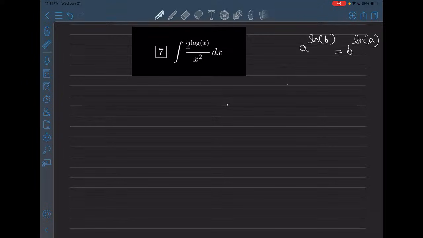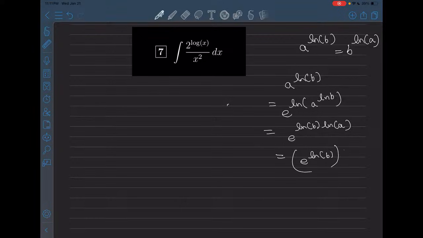Yeah, the reason is a to the power ln b is actually e to the power ln of a to the power ln b, right? So this becomes e to the power ln b times ln a. And if I write this as e to the power ln a, all to the power ln b, so this is just b to the power ln a. So basically a to the power ln b is just b to the power ln a. I think that's the idea in this problem.